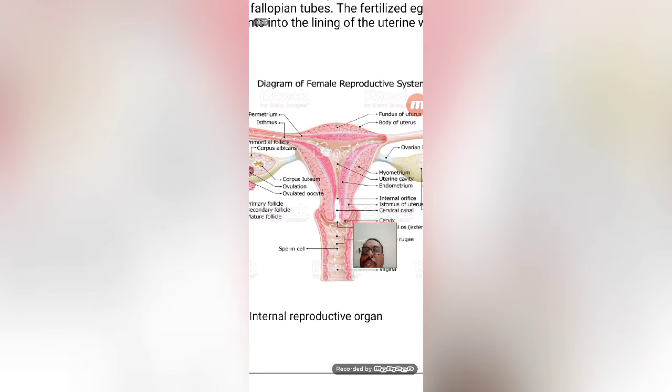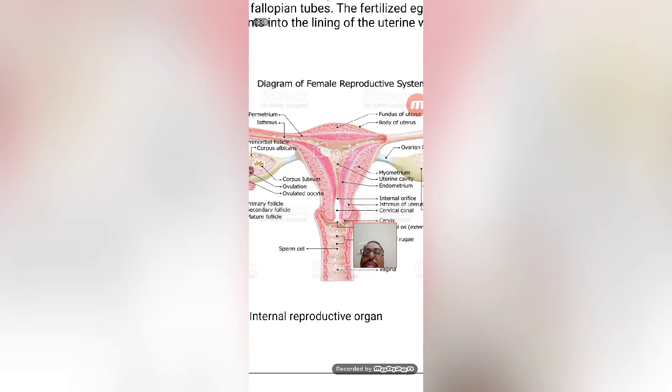The uterus has mainly three layers: the endometrium, where endo means inside, then the myometrium. These are responsible during the time of pregnancy.